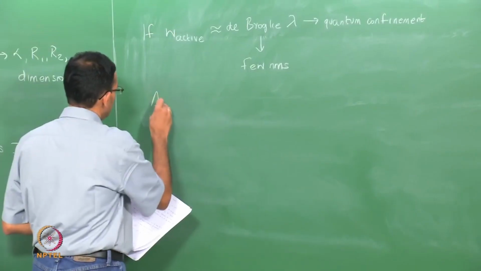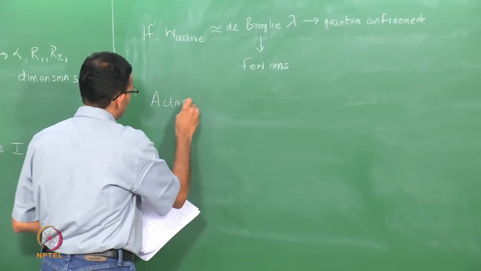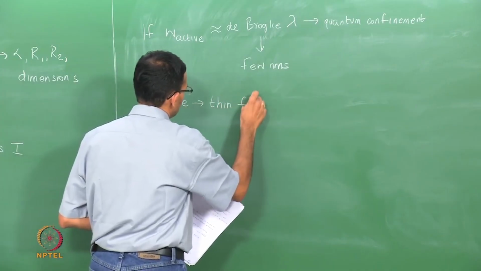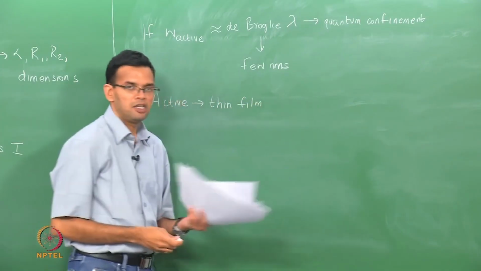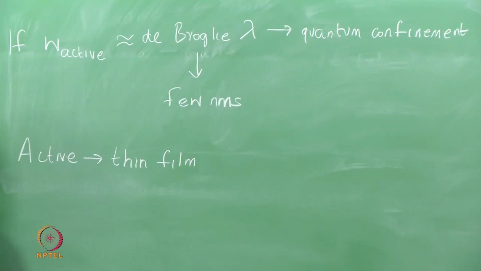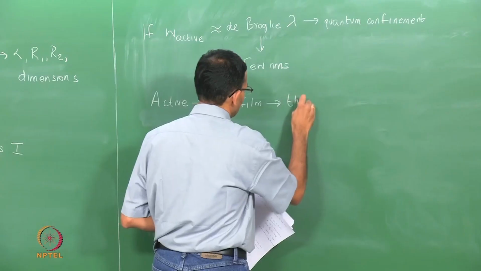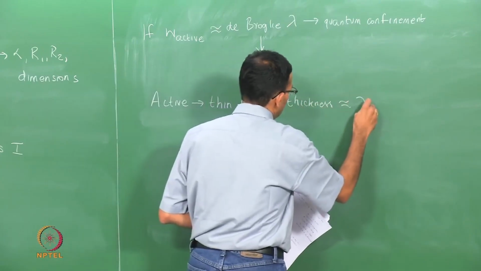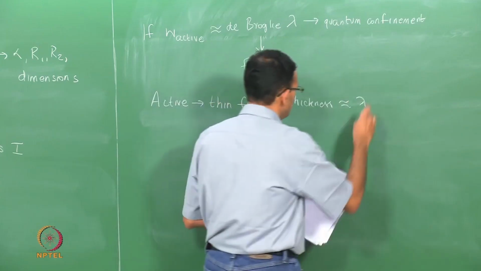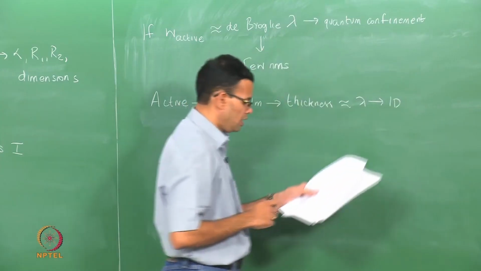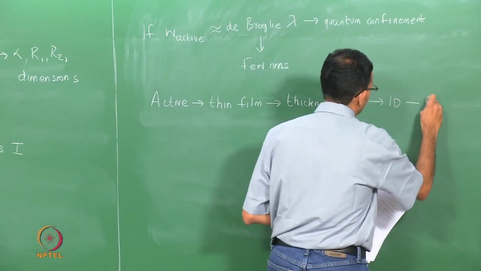If your active region is in the form of a thin film, then only the thickness is of the order of the de Broglie wavelength. So, the thickness is comparable to lambda. In this case, you have 1D quantum confinement, and this is called a quantum well.